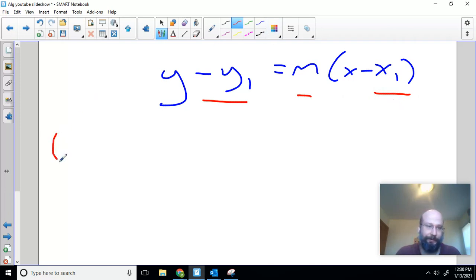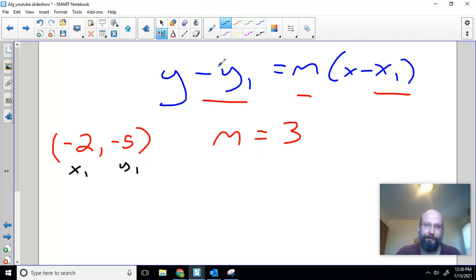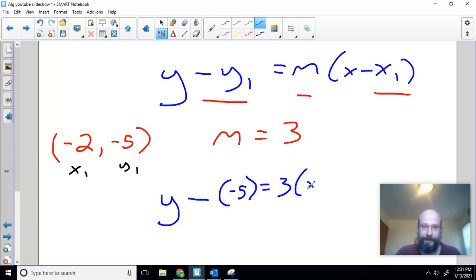One last example, I'll do negative 2, negative 5. And our slope will be something simple with 3. So x1, y1, and our slope. So y minus negative 5 equals our slope times x minus negative 2.